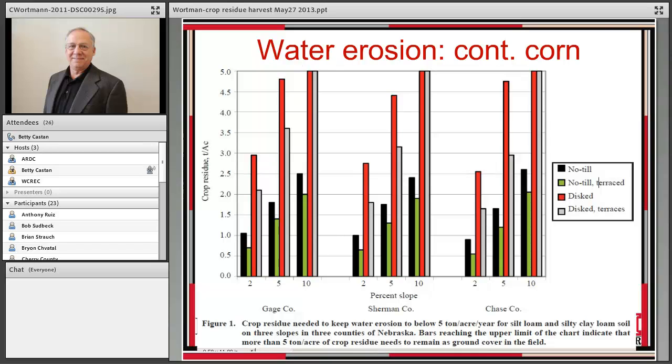And what we see, if we disc, the red lines, or have disking with terraces, the gray, is that for many situations we should not be removing any crop residues if we want to keep our erosion to less than 5 tons per acre. Even with 5% slope, there's a problem. If, on the other hand, we're doing no-till, the black lines, or no-till plus terraces, for all situations we can be doing some residue harvest.